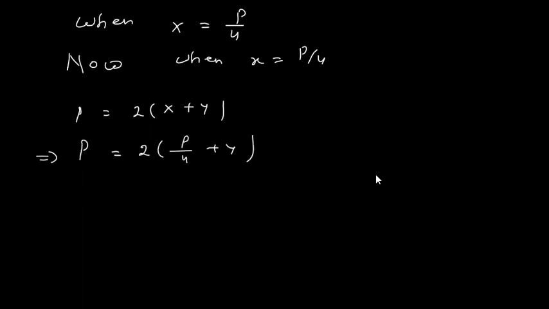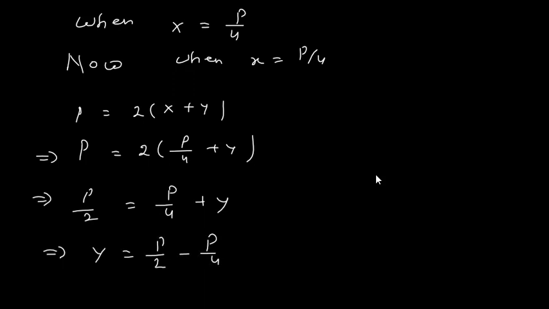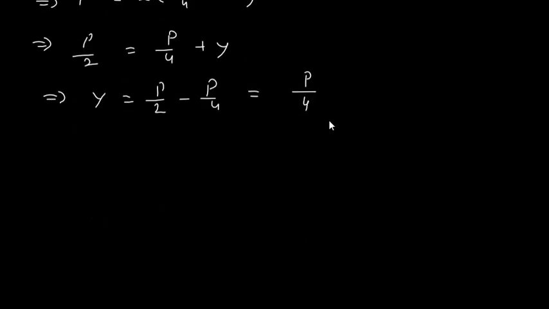This 2 will come here, so this implies p upon 2 is equal to p upon 4 plus y. This implies y is equal to p upon 2 minus p upon 4. So this gives us p upon 4. So x is equal to y. That is, it is a square.